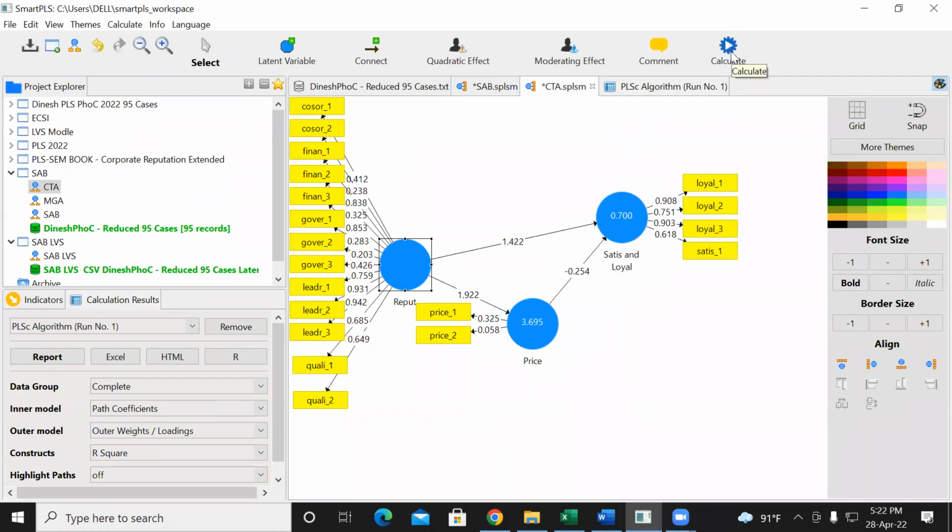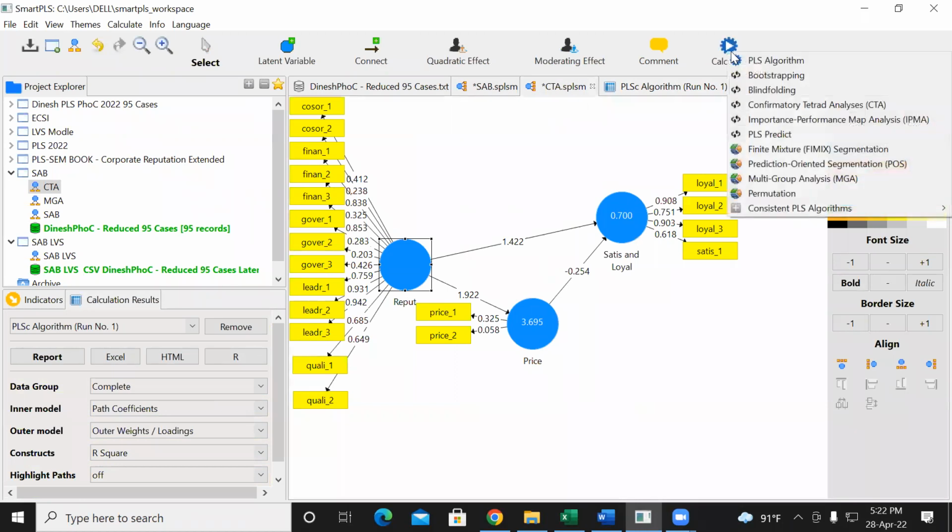You can see here Calculate. Confirmatory tetrad analysis. It's step 2. Now almost all the correlations are different from zero. They are having minus or plus values. Therefore, we go for the second step. In this Calculate button, confirmatory tetrad analysis is there.